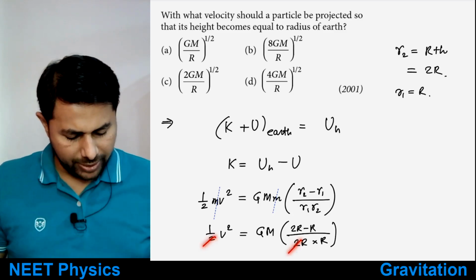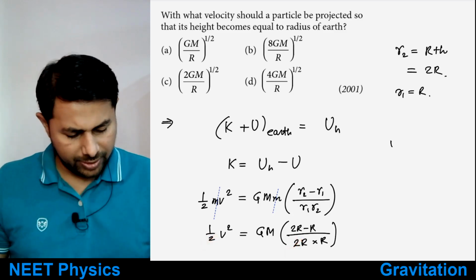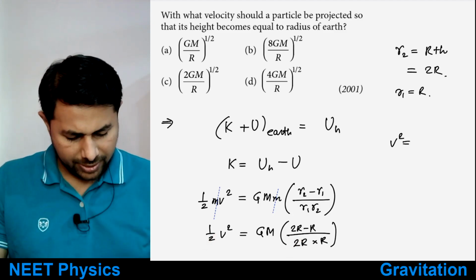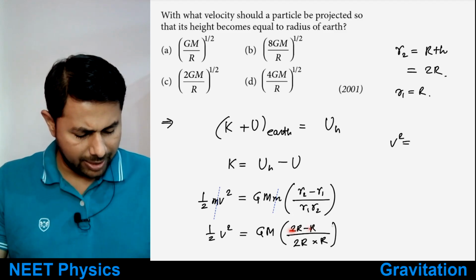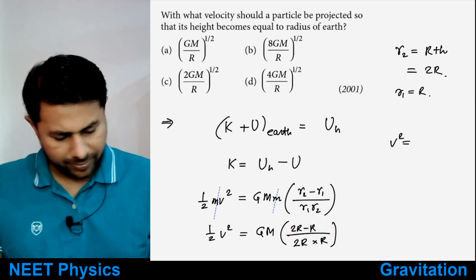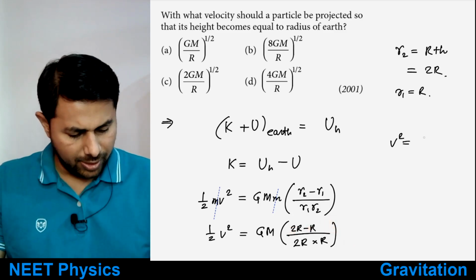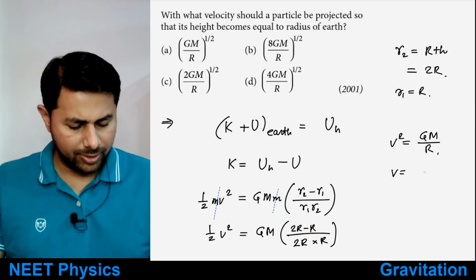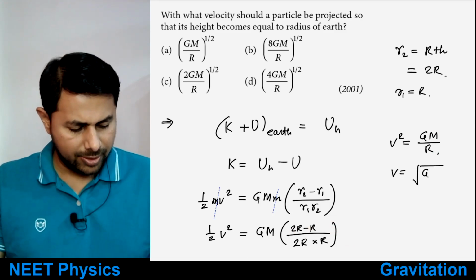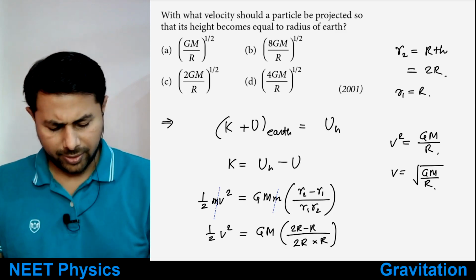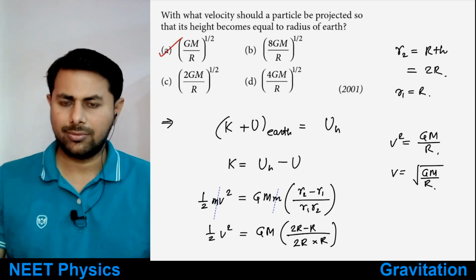The 2 and 2 get cancelled, so v square is equal to GM multiplied by r divided by r square, meaning GM upon r. So v is therefore square root of GM over r. So this is the answer. Okay, so it is option A.